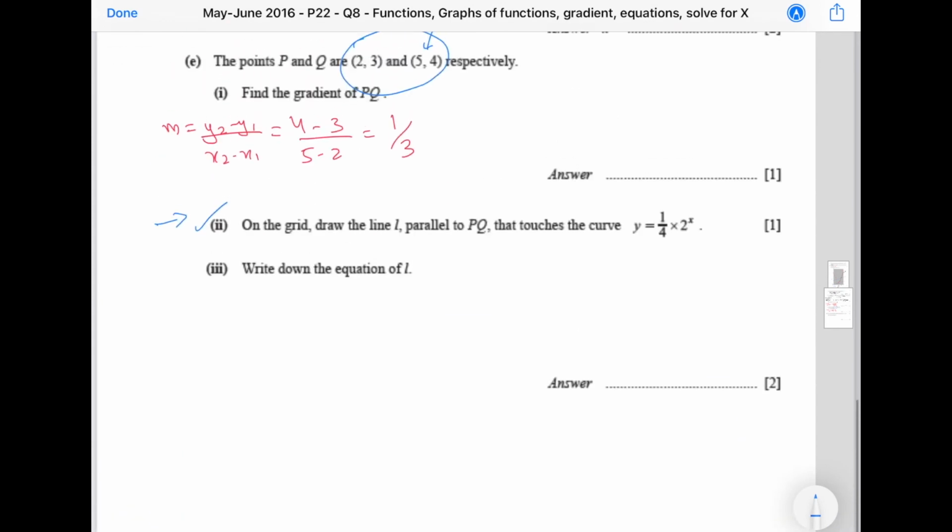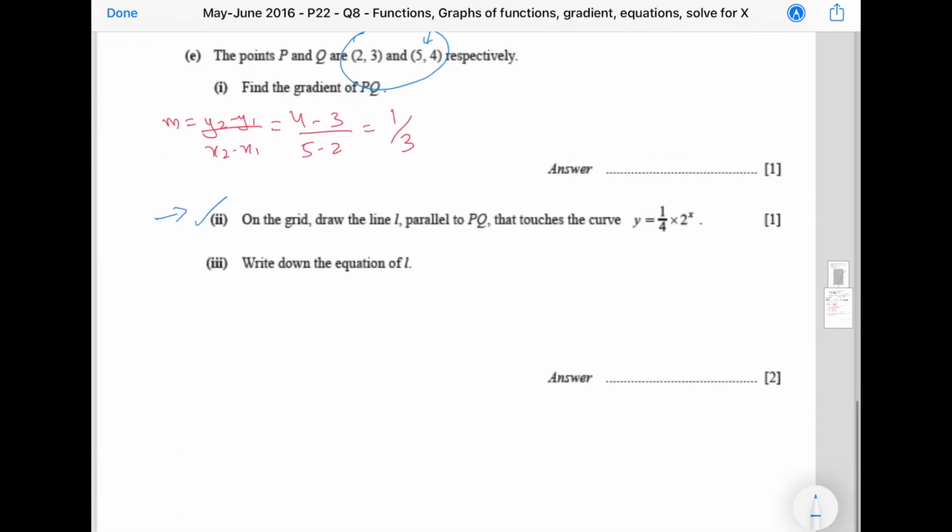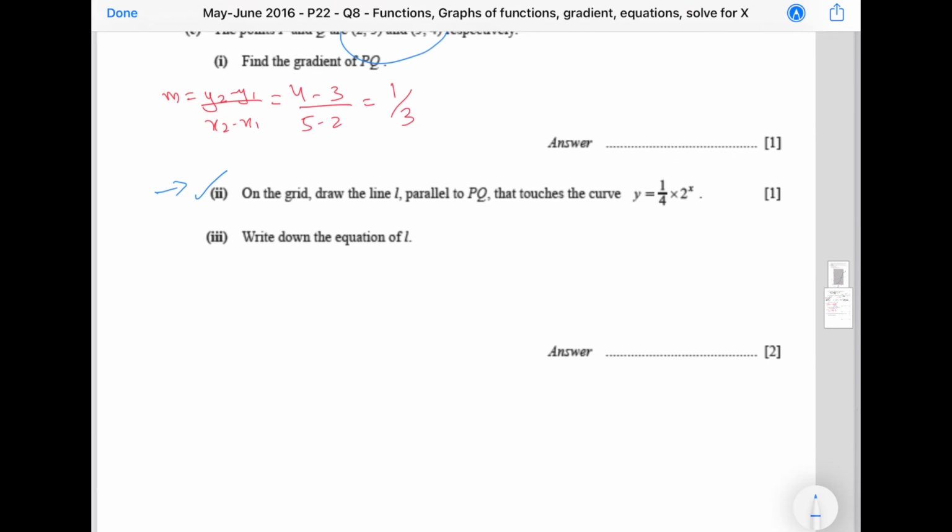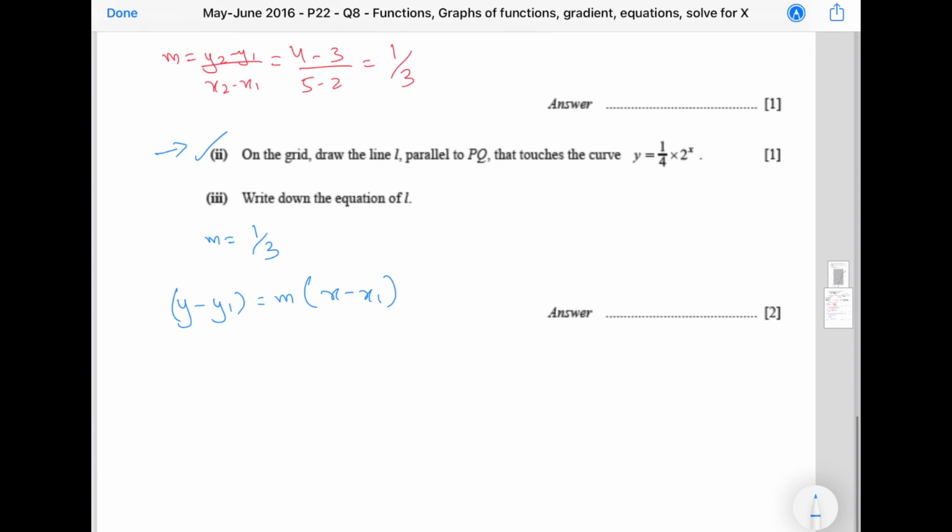Now it says write down the equation of L. So in order to write down the equation of L, first we need the gradient. We have the gradient, which is 1 over 3 because it's parallel to PQ. Then we can use this equation, y minus y1 equal to gradient times x minus x1. We have the x and y values over here because the point of intersection was 1 and 0. Sorry, was it 1 and 0? No, it wasn't.